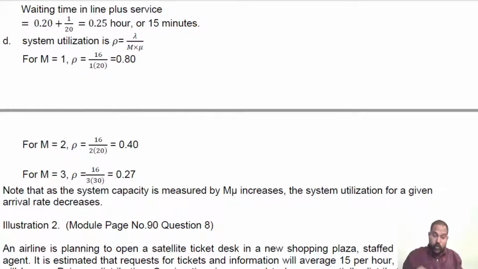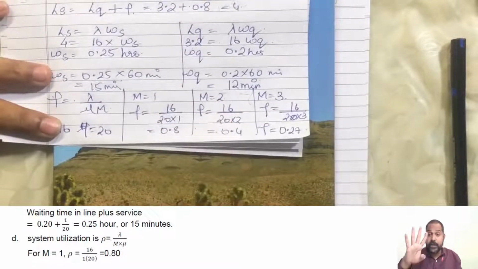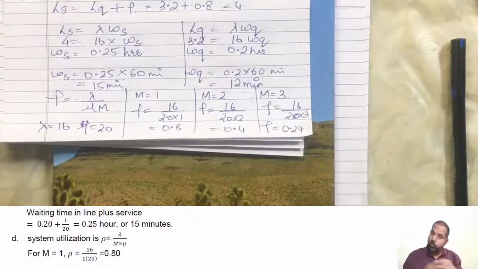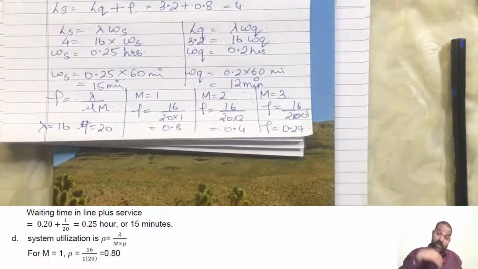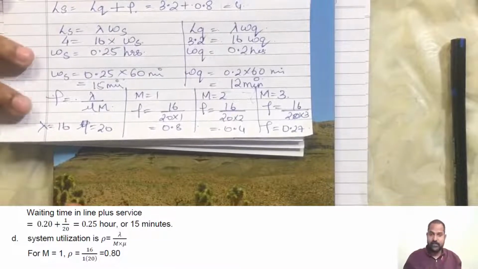Imagine in this case the number of people entering the system is only 16, but you can serve 40 people. So you will serve the 16 people, and the rest of the time you will sit idle. So your utilization will decrease.